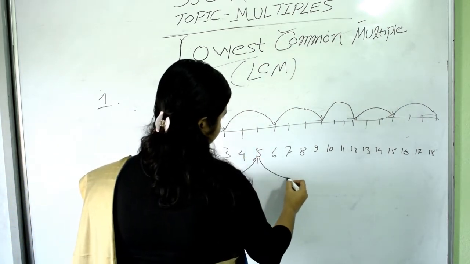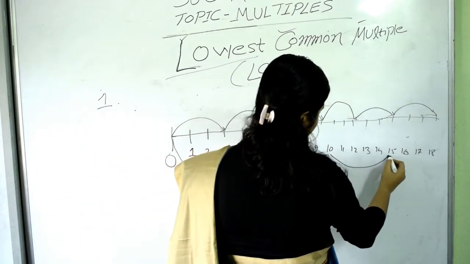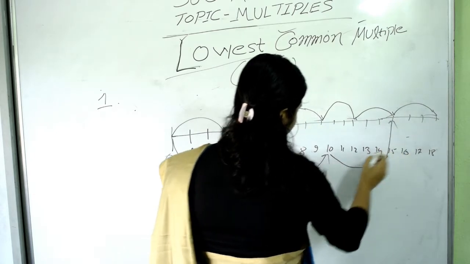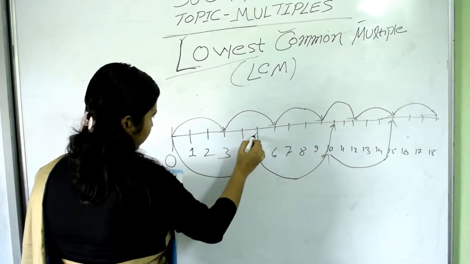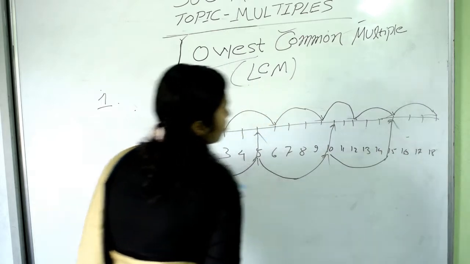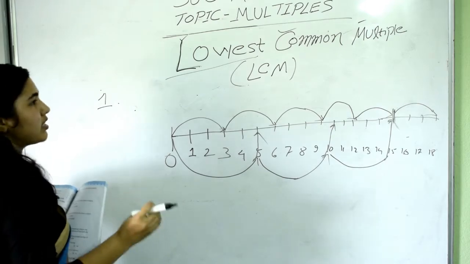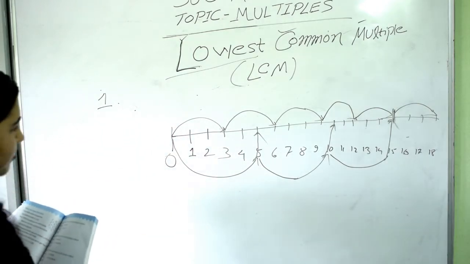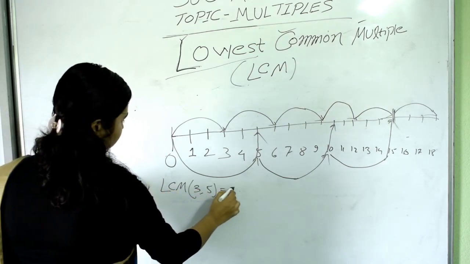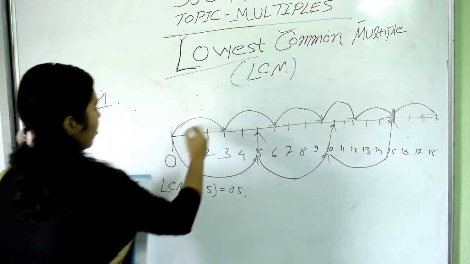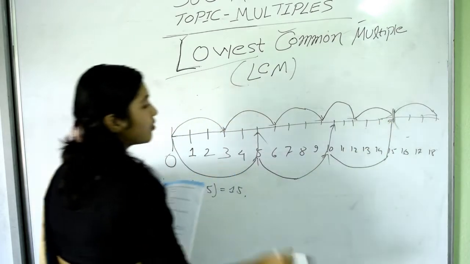Next 10, next, so 15 is the least common multiple of 3 and 5, because both the lines will meet at 15.